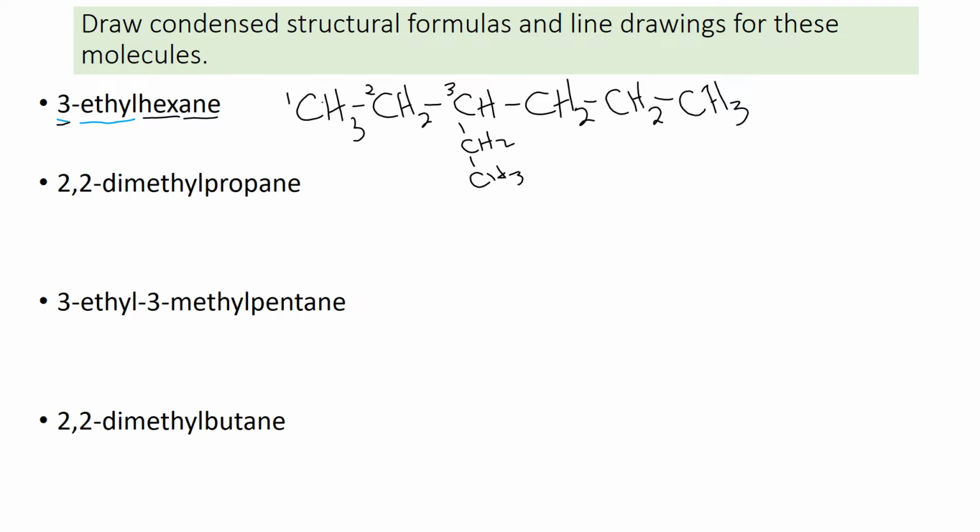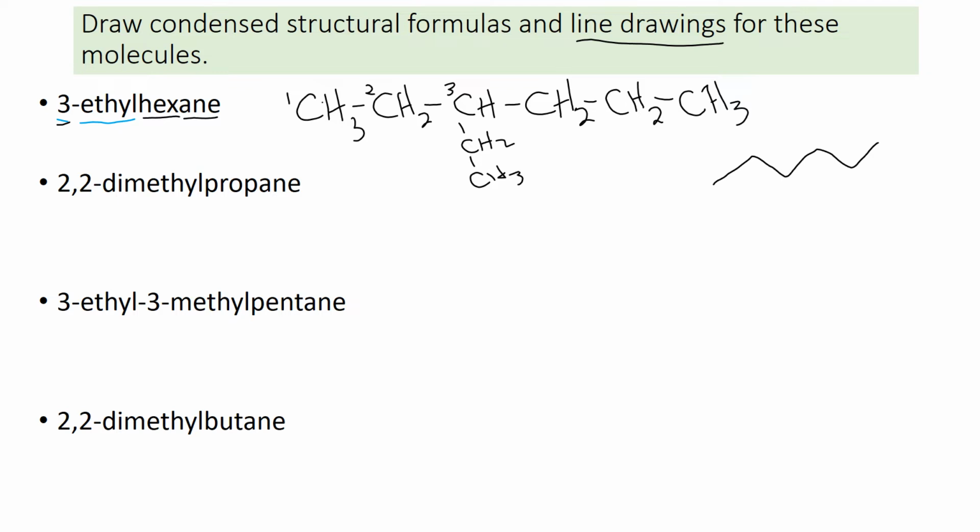Now the other thing I want to show you is the line drawing. For the line drawing, it's like a zigzag line where the end of the line represents a carbon. So here we have 6 carbons, so I'm going to do 1, 2, 3, 4, 5, 6, so that each end represents a carbon.